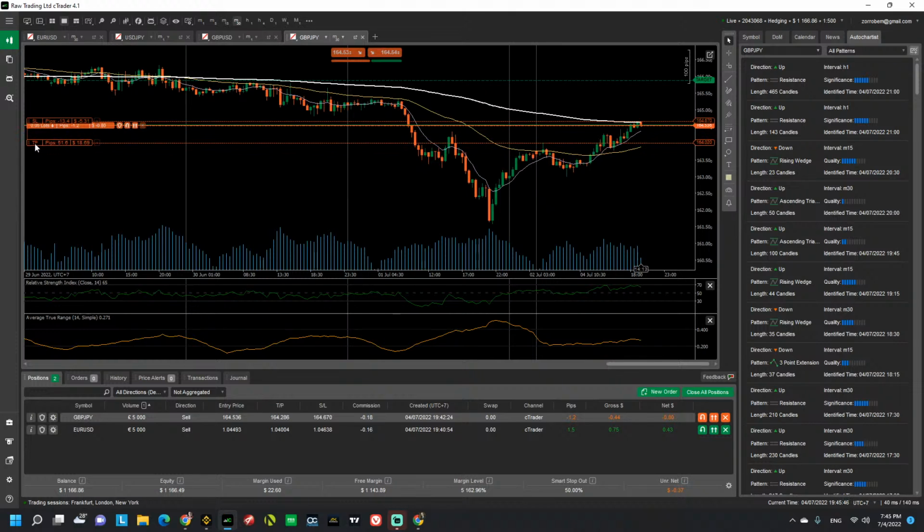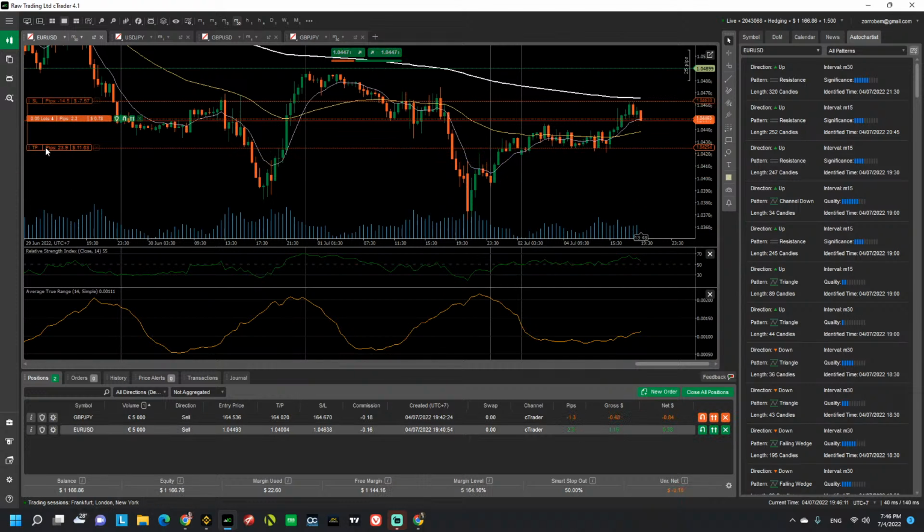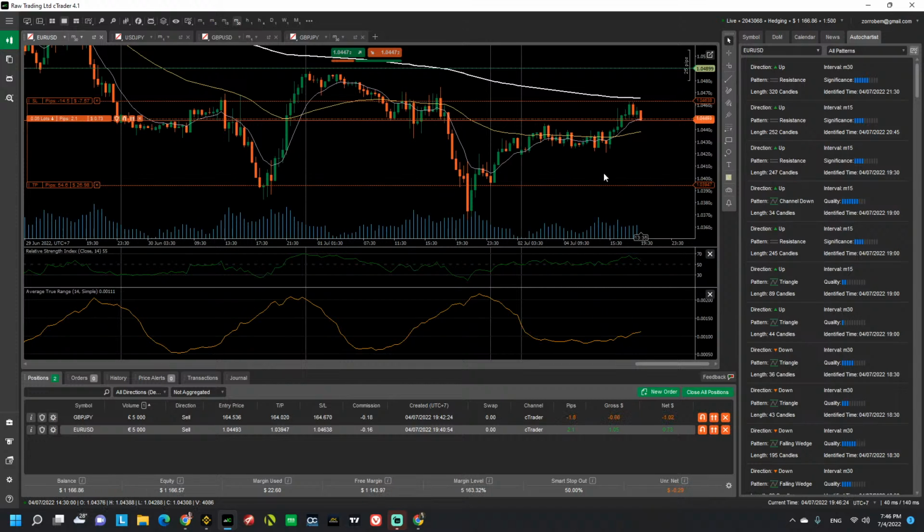I'll put it here. So there's like about $18. There is also in the 30-minute about $24. If the TP was here, it will be like $10. If I put it here, it's about 26. I'm looking at this one here.